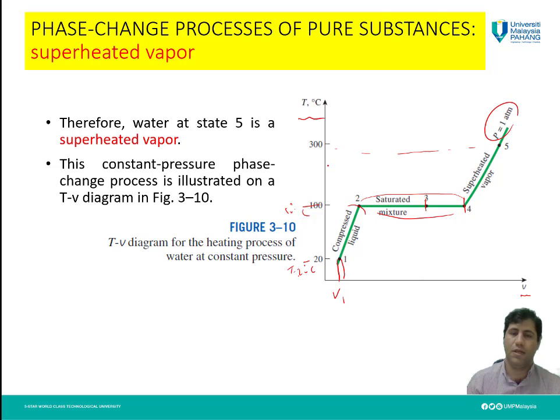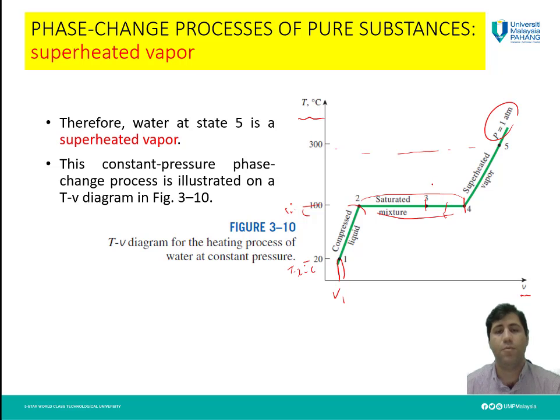This is the illustration of the process we had for the phase change from liquid to the vapor for water as the example for pure substance. And you can see here different phases and also different regions: compressed liquid, saturated mixture, saturated vapor and superheated vapor. You can see changes of temperature and volume also in these diagrams.